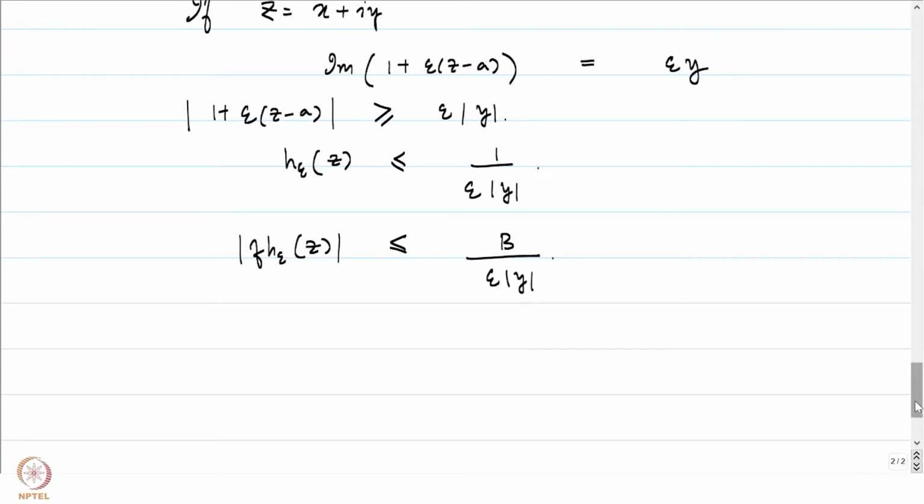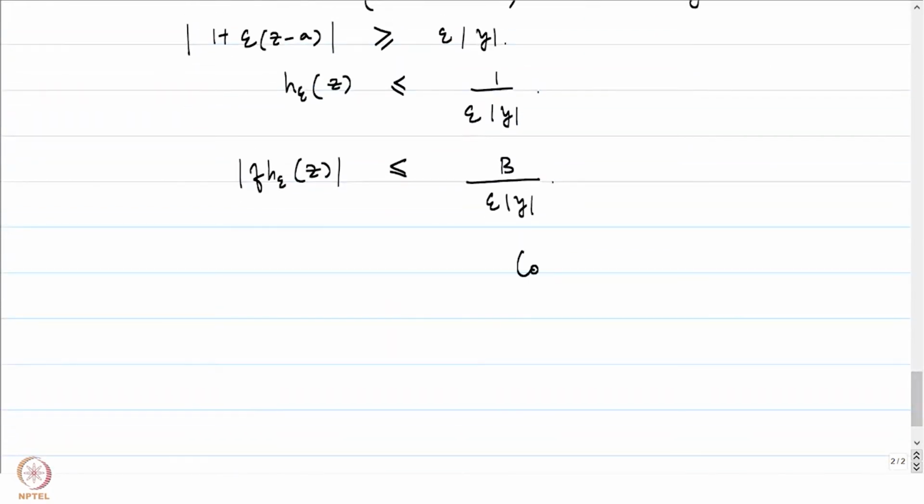Now let's look at the strip, which is, consider mod y greater than or equal to b by epsilon. And then what do we have? This means that b by epsilon times mod y is going to be less than 1, right?